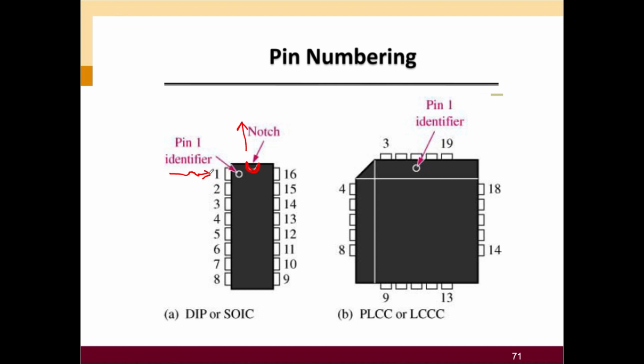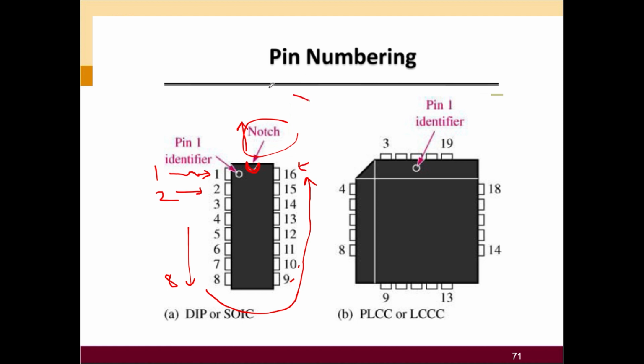So from this left, beside your notch, you will identify it as pin 1, followed by pin 2, pin 3, until pin, let's say over here you have pin 8, and it will move like this, and it continues with pin 9, 10 until pin 16.